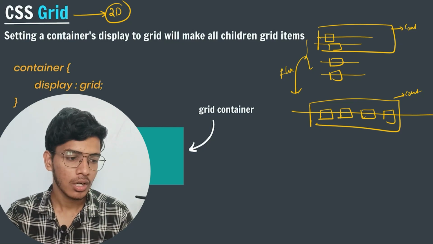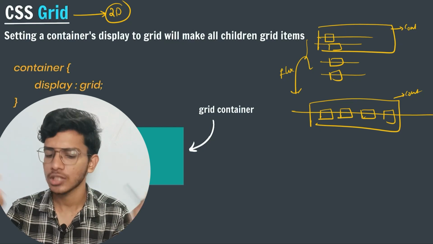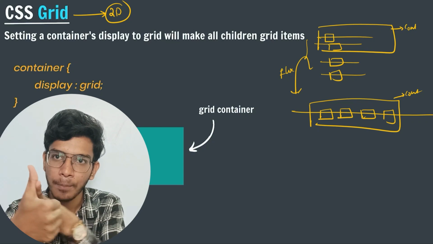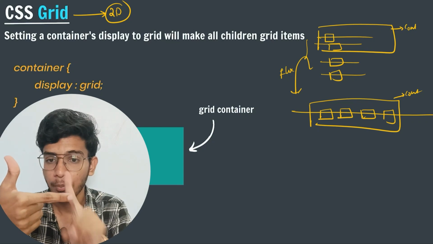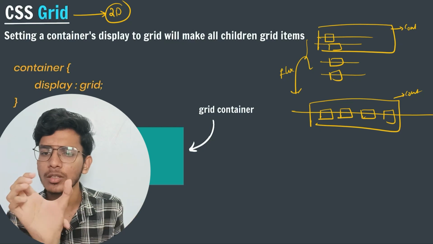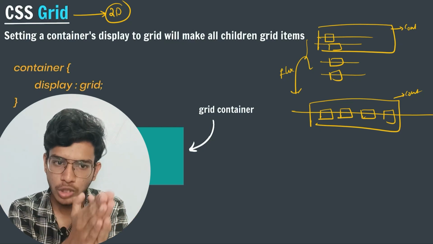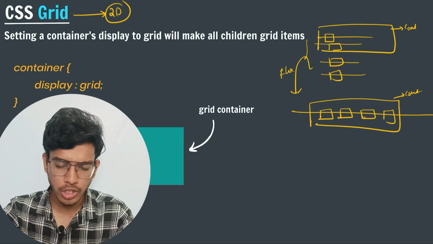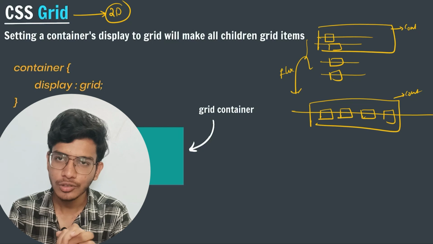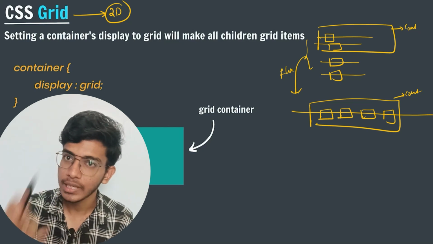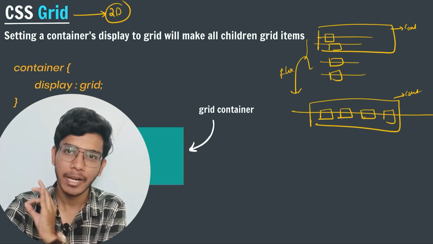Anyway, keep in mind that flex is used to arrange elements in a single dimension, whereas the GridBox model is used to arrange a set of elements in a 2D format in the form of rows and columns. If we want to create a 2D structure, 2D design, then we are going to use grid. Clear?